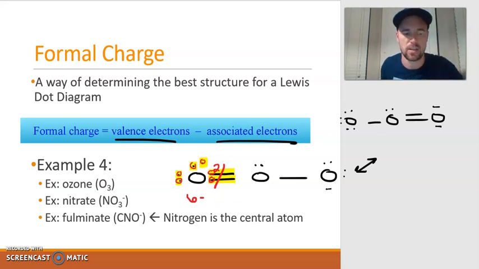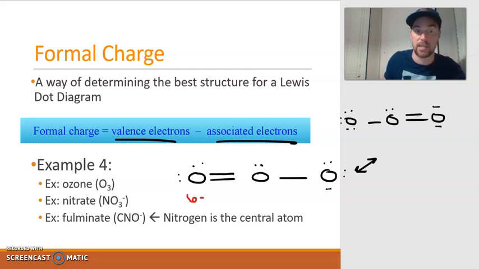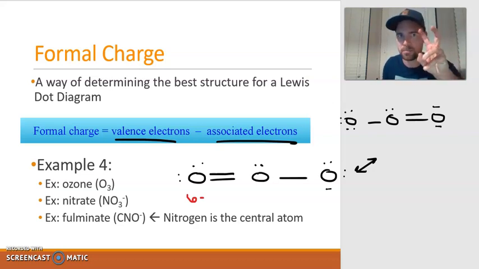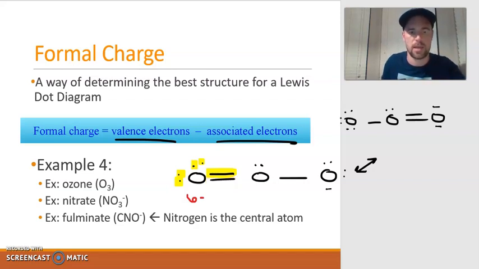So there are 6 associated electrons to this particular oxygen. Now there is another easier way to think about it. It's a shortcut. It's not scientific, but it's going to be a shortcut for you. I tell my students, just look at how many things are touching the oxygen. There are 4 dots and 2 lines, 6 things. So that's how many associated electrons there are.